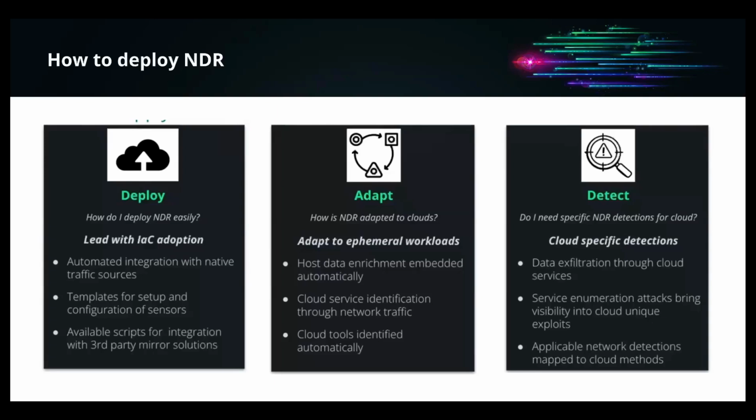As you probably know, the cloud also introduced a new attack landscape, which is why Corelight provides new detection for some very specific threats like data exfiltration or service enumeration.